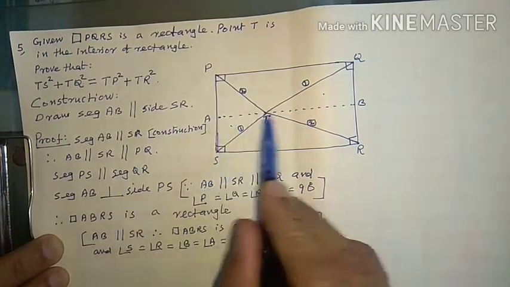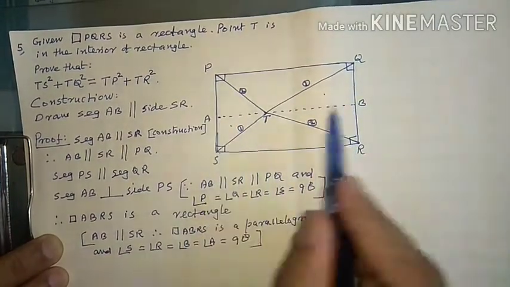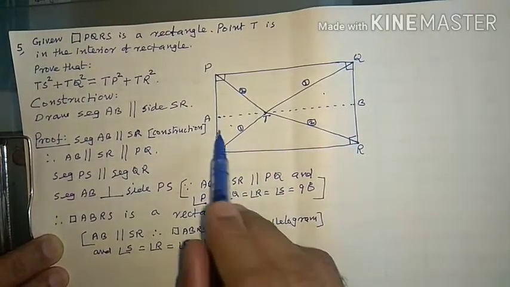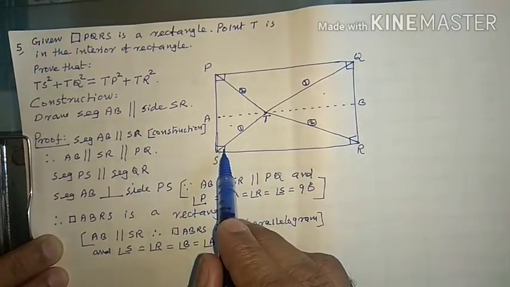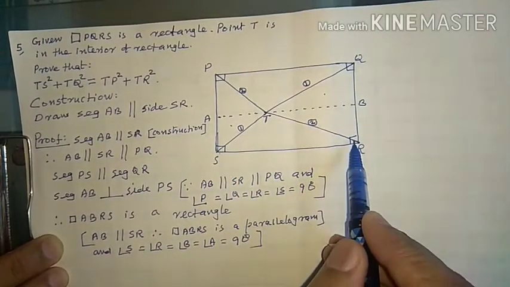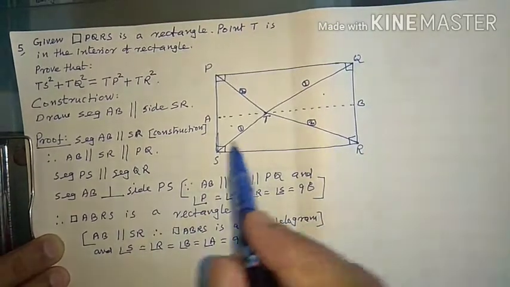Therefore quadrilateral ABRS is a parallelogram, and a parallelogram with at least one angle 90 degrees is a rectangle.